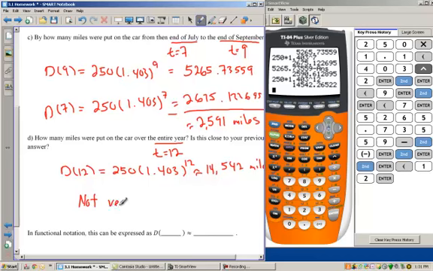So not very close to my previous answer. And down here I can fill this in, expressed in functional notation as d of 12, and I can write it as approximately 14,542 miles.